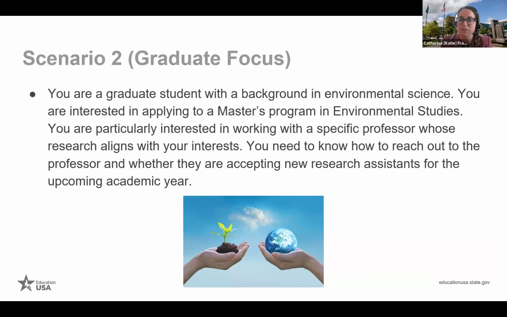I would like to apply to the MPS, and therefore I'm interested in working with Professor X, who is currently accepting students. That could be a question sent to the admissions office. If you were to send it directly to the professor, you might put a little bit more information about their research and show that you've been looking up what they're doing, and say that you're really interested in something that they've been working on.